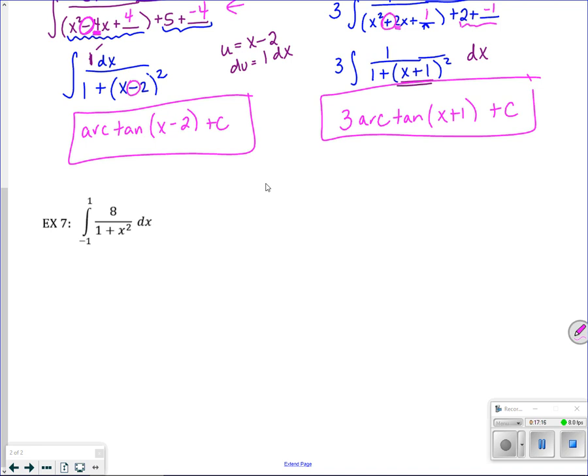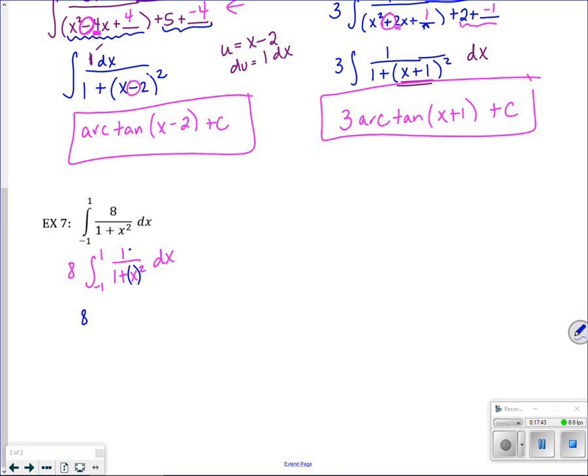With number 7, that 8 is just kind of in my way. I'll move it to the outside so that hopefully you see that integral pretty easily. Again, it's not a log because I need an x on the top, but I have u prime over 1 plus u squared. If my u is x, its derivative is 1.